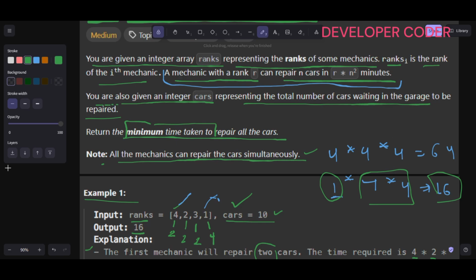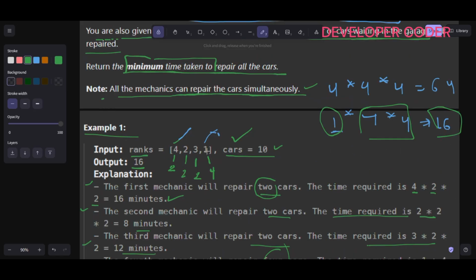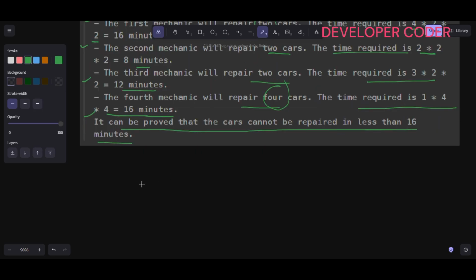This problem essentially boils down to distributing the cars optimally among the mechanics so that the maximum repair time is minimized. Maximum repair time, we have to minimize that.